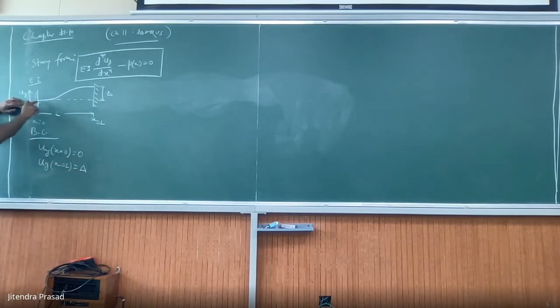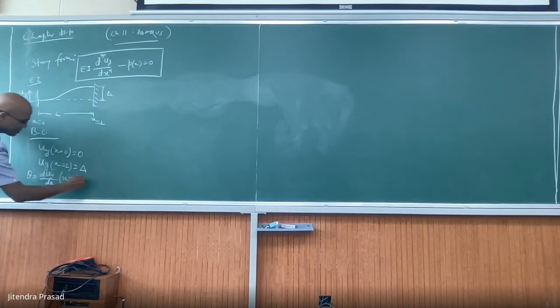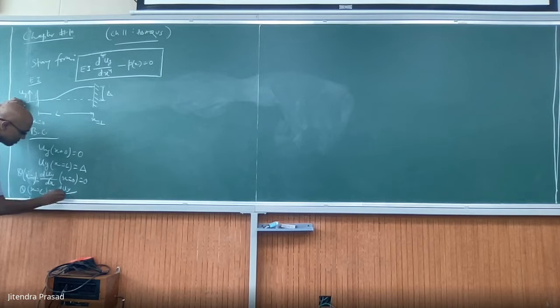Then the angle theta is equal to d uy dx. At x equal to 0 the slope is 0, and here also the slope is 0. So we write theta at x equal to 0 is equal to 0, and theta at x equal to L is equal to d uy over dx at x equal to L.